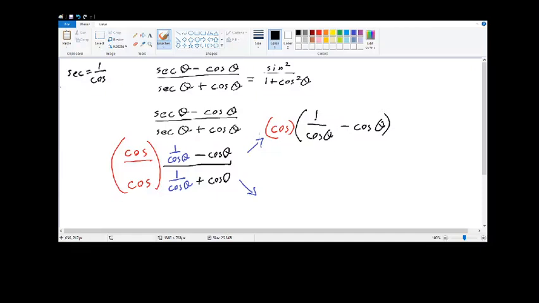And if we simplify this out, we have the cosine times 1 over cosine, and all that would do is you would set it over 1, multiply across, and you would end up with cosine over cosine.